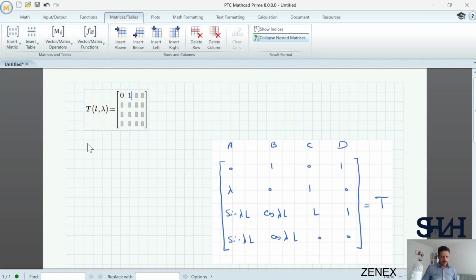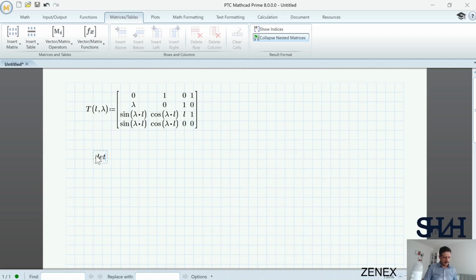So 0, 1, 0, 1, lambda, 0, 1, 0, sin lambda L, cos lambda L, L and 1, sin, cos, 0 and 0.